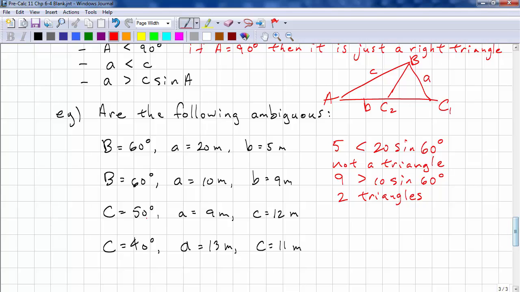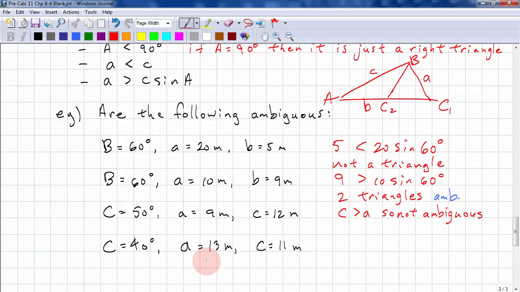Okay, again, this is less than 90. This is bigger than 9, so C is greater than A, so not ambiguous.